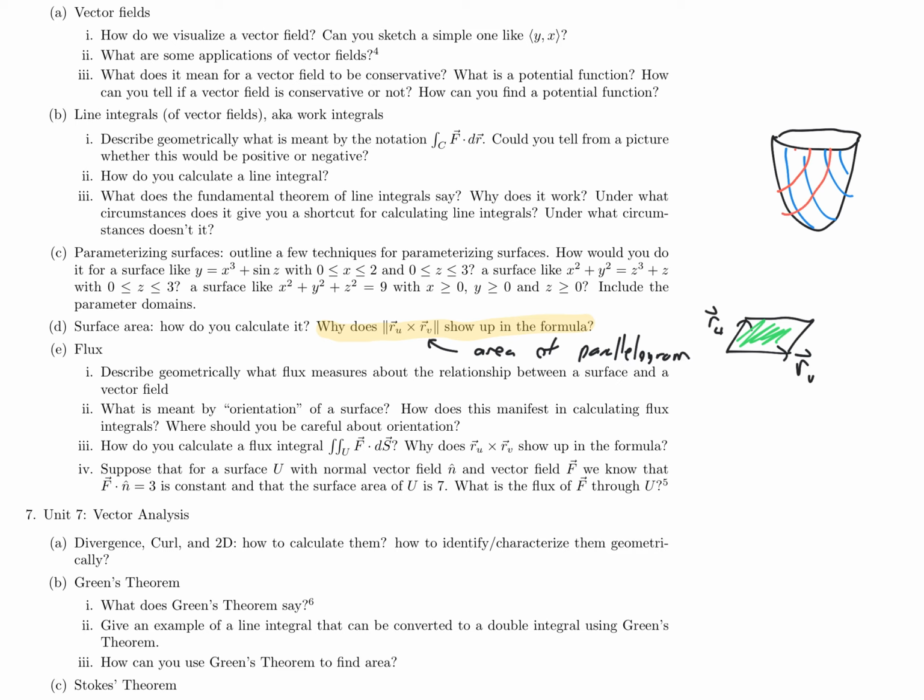The parameterization ends up dividing the paraboloid into these parallelogram shaped regions. So this magnitude of the cross product shows up because it's figuring out the area of each one of those little parallelograms after you've sliced it up the way integrals always slice things up, and then doing the thing you were doing overall, in this case finding area, one slice at a time.